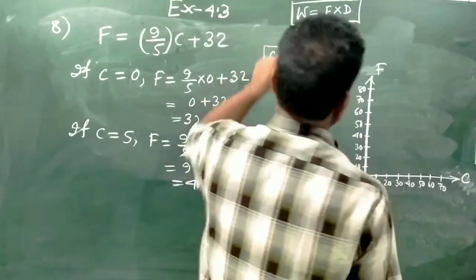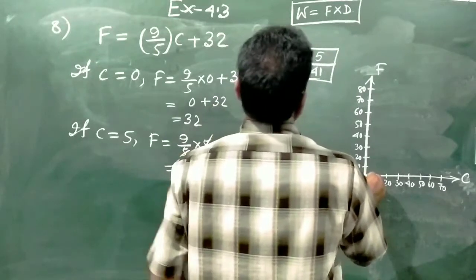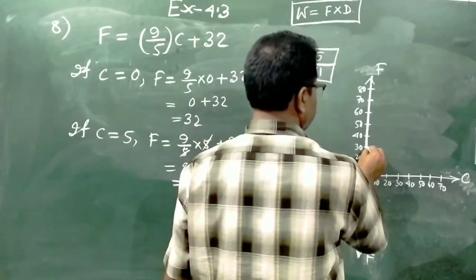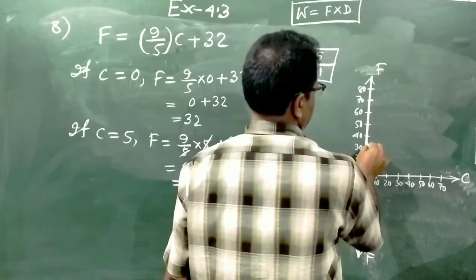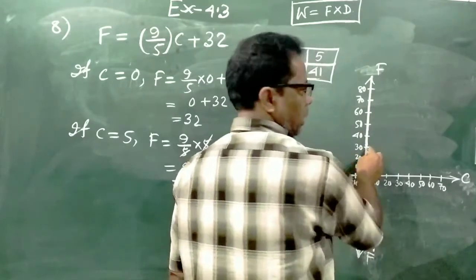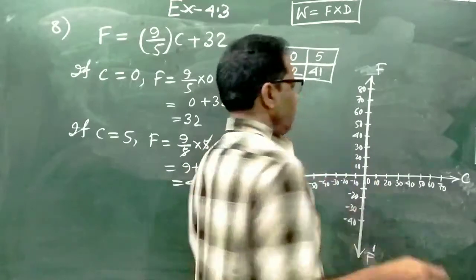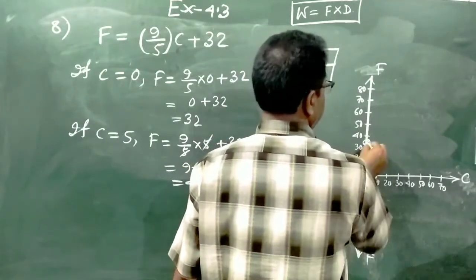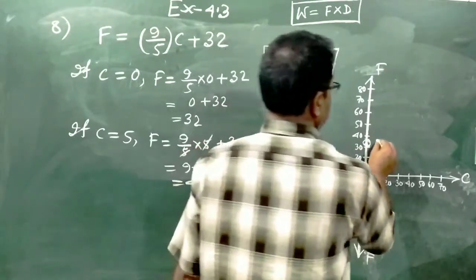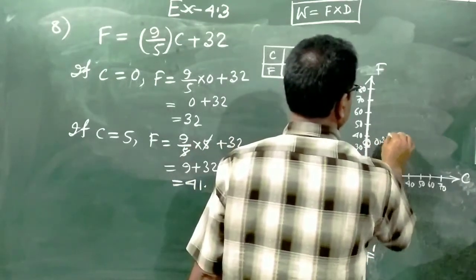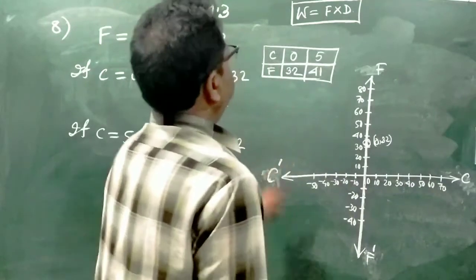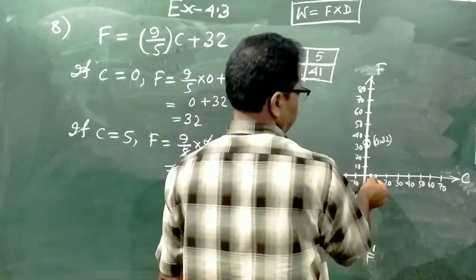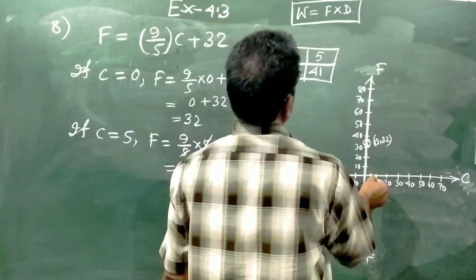Now Celsius scale 0 here, and at that time Fahrenheit 32: 10, 20, 30 and 2 more small squares. So 32 means 30 and 2 small squares. It is here, 32. So this is the point, that is 0 and 32. And C 5, here in the middle, C 5 and F 41.